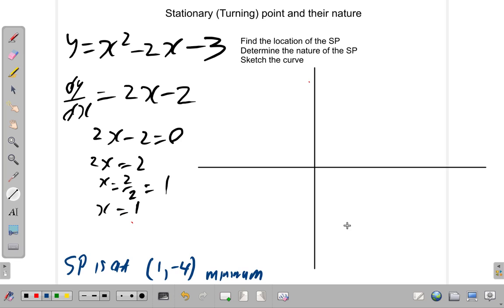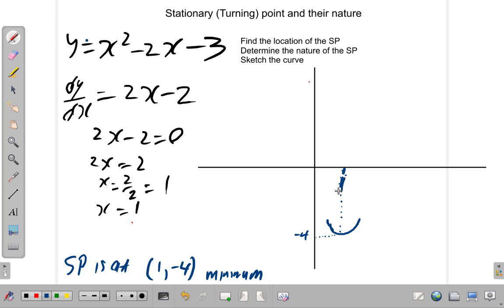We know that at 1 we have a minimum point, so we have something that looks like this, and the minimum point is beside -4, right below 1.